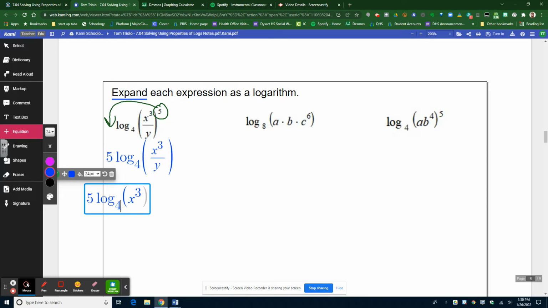And since I'm going to be sharing that 5 with multiple logarithms, I'm going to make a little bracket here. Okay. Ooh, not brace. Now I'm going to make parentheses because we don't need this parentheses anymore. So minus log base 4 of y.